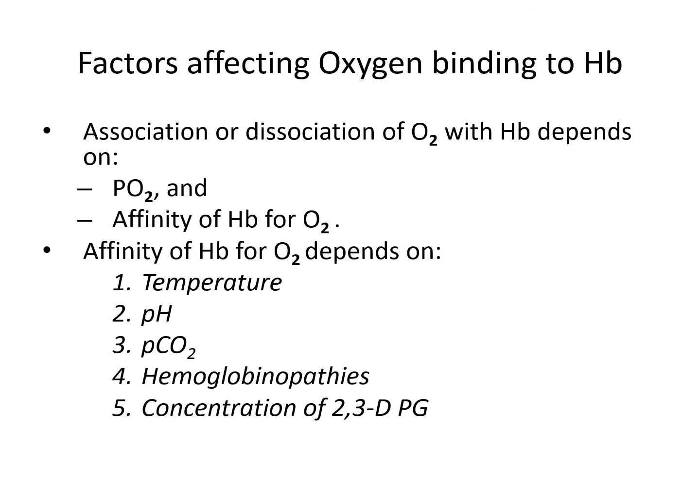The degree of association or dissociation of hemoglobin with oxygen would depend on the PO2 and the affinity of hemoglobin to oxygen, which is dependent on the following factors: temperature, pH, PCO2, hemoglobinopathies, and the concentration of 2,3-diphosphoglycerate.